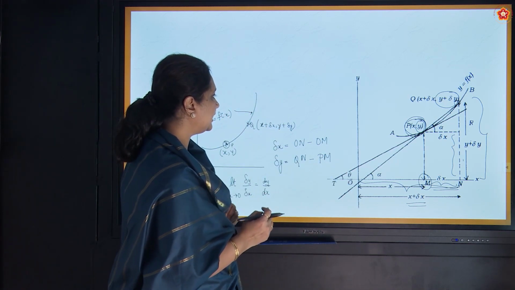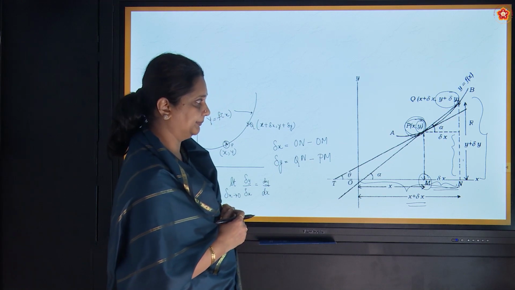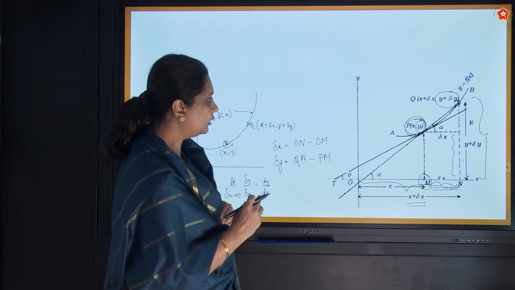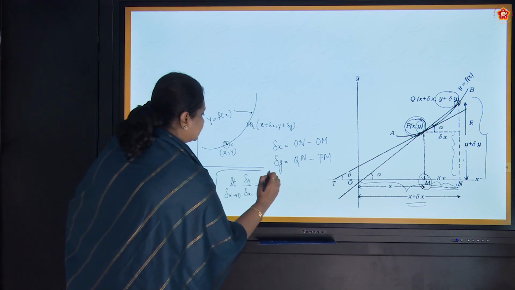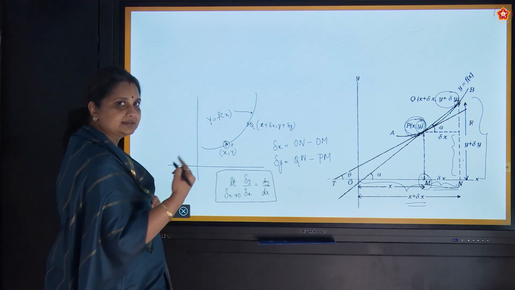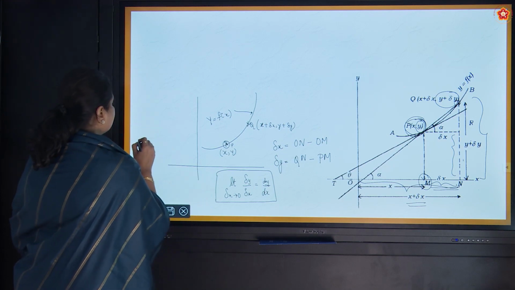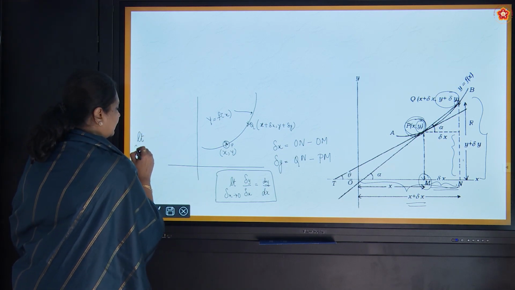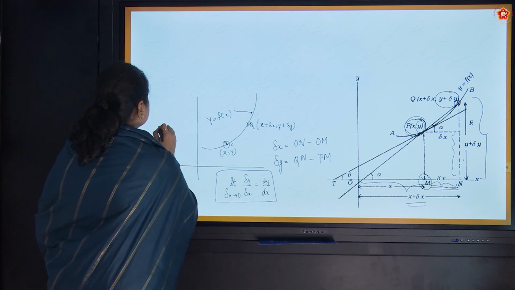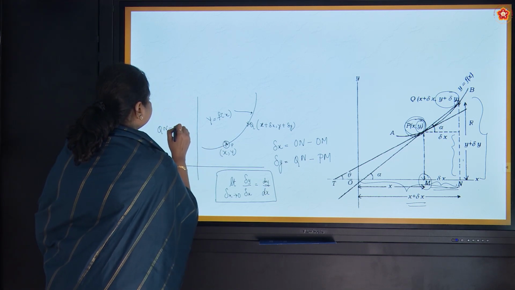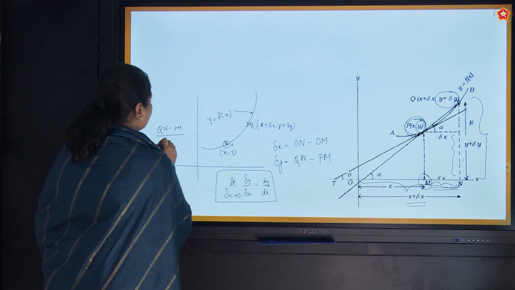So this is my delta x, this is my delta y. Let me now understand what I want. I want this, that is my derivative. So let's understand that graphically. The limit delta x tending to 0 of delta y, that is QN minus PM, divided by ON minus OM.